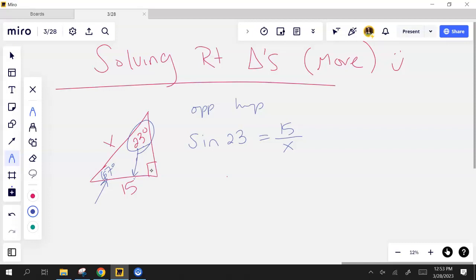She doesn't know how to do it on her calculator. So we're supposed to be in degrees. We're supposed to be in degrees. You want to be in degrees here because your angles are degrees, right?